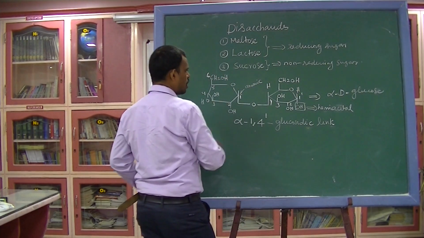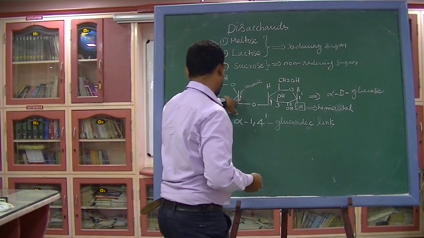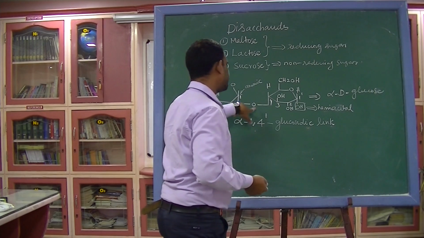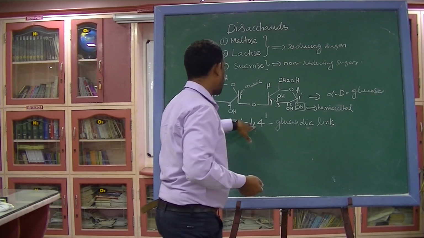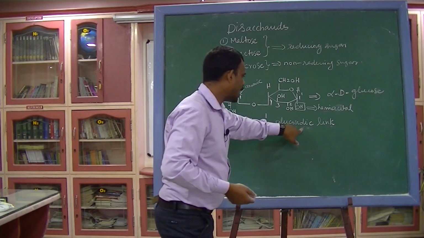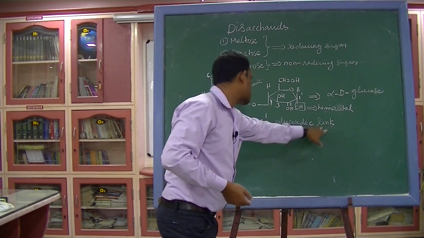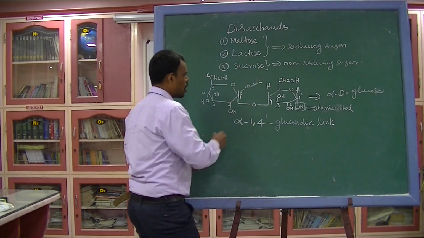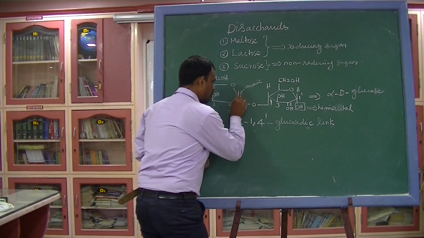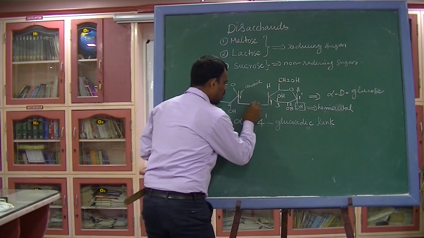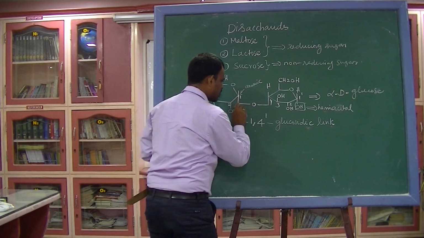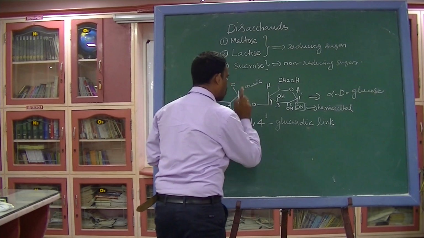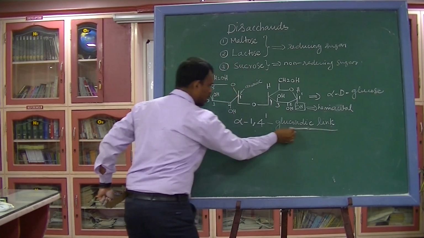So this is a disaccharide. The two subunits are linked by an alpha 1,4 glycosidic linkage. This is your alpha anomer. This bond is alpha, since it is the bond between this oxygen and the anomeric carbon. That's why it's called a glycosidic bond or glycosidic link.